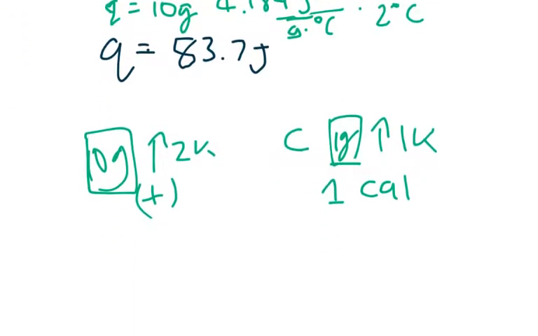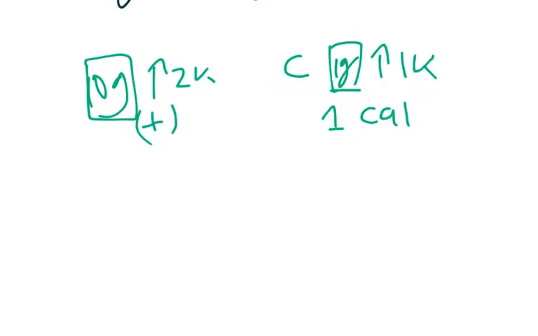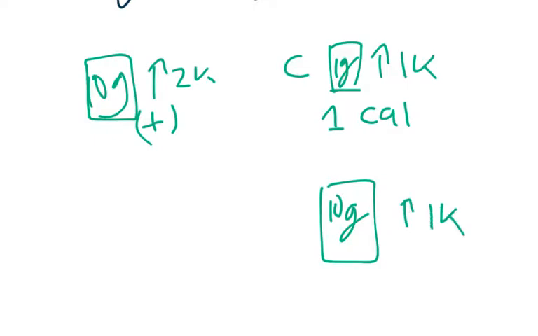Well, we can think of this logically. So if we need to heat up 10 grams instead of 1 gram up by 1 degree Celsius, then let's redraw that. So 10 grams up by 1 Kelvin or degree Celsius, then this would mean that we would need 10 times as much energy to heat up 10 times as much stuff, so that would be 10 calories.